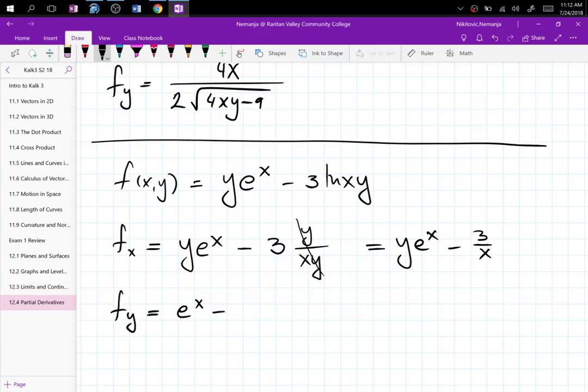So you know that the derivatives for those pieces would be the same. So this is just 3 over y, but let's do it. For ln, you write the function as is on the bottom, which is xy, and then its derivative on top. The derivative of this would be just x. Then the x's cancel, and we have e to the x minus 3 over y.